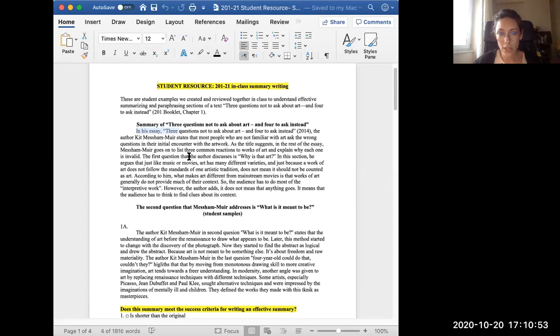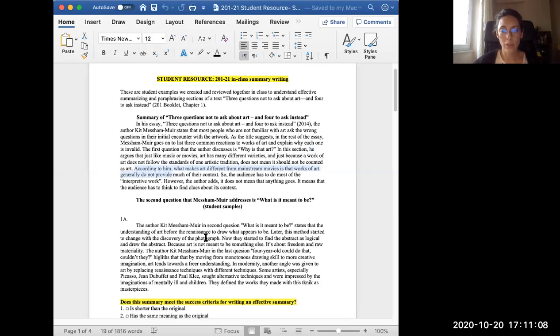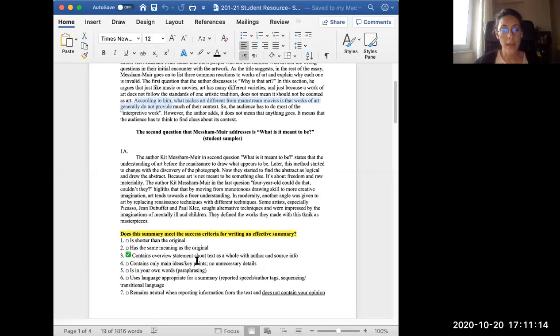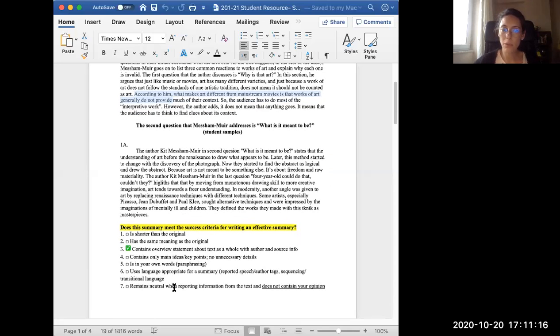The first question that the author discusses, in this section, he argues, according to him, and it's all the way through. So we need to keep that in mind when we're considering these success criteria for a successful summary. And then the last point, of course, is remaining neutral, not including your own opinion.